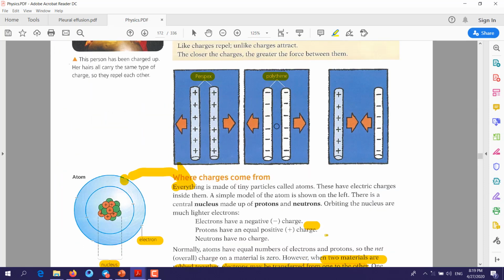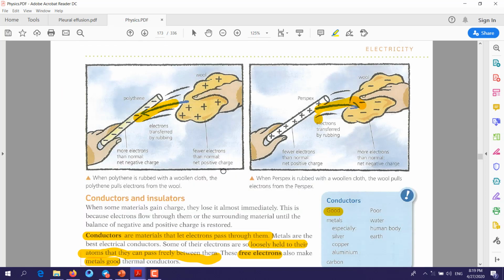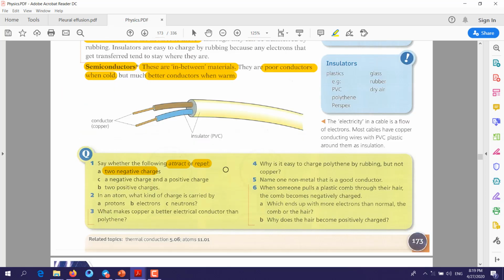Two negative charges repel each other. C, a negative charge and a positive charge, two different charges, so they will attract. B, the arrangement here is not correct.